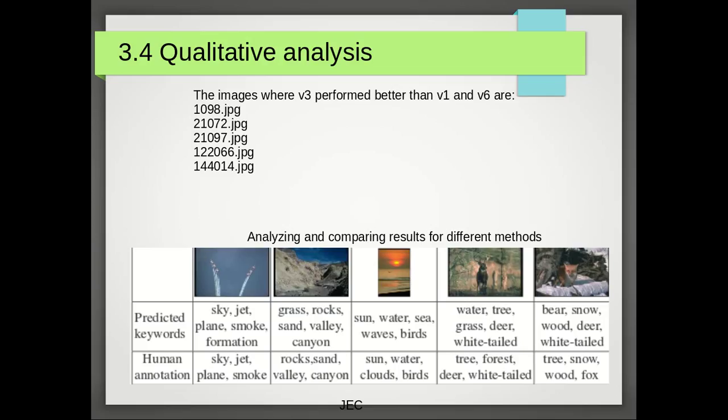Here I have given an example for 2pkNN, where 2pkNN was performing better than JEC and TagProp Sigma SD. These were the 5 images, 1098, 21072 and the other 3, which were giving better results with 2pkNN than JEC and TagProp Sigma SD.